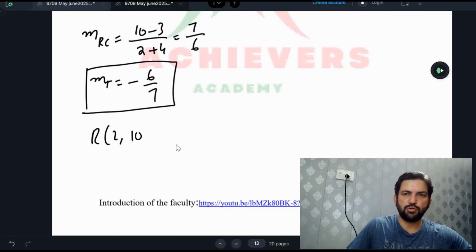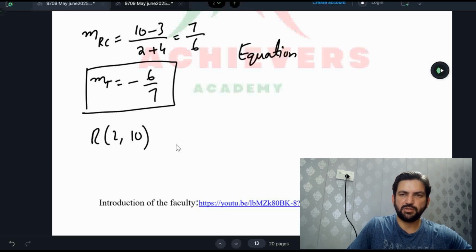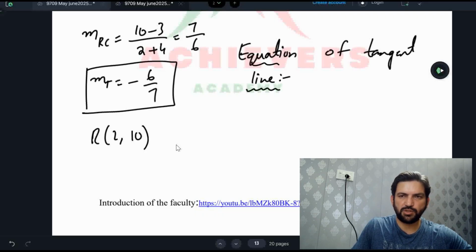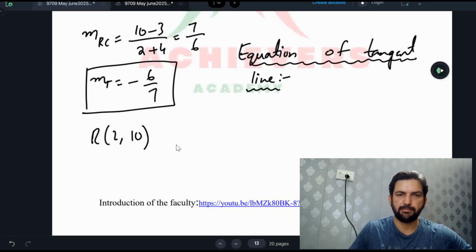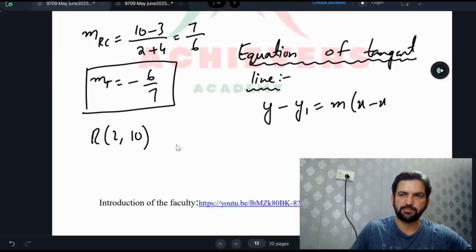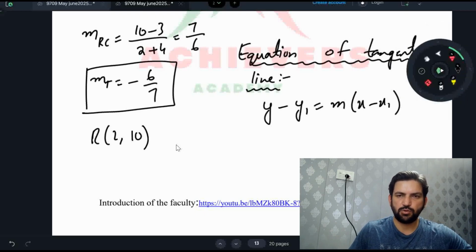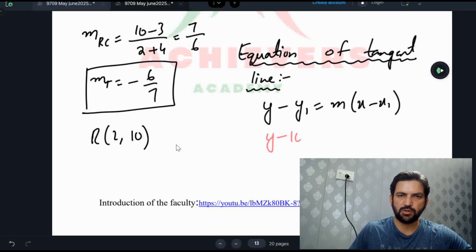So what will the equation of the tangent line be? The equation of the tangent line will be y minus y1 is equal to m into (x minus x1). So y minus 10 is equal to minus 6 by 7 into (x minus 2).